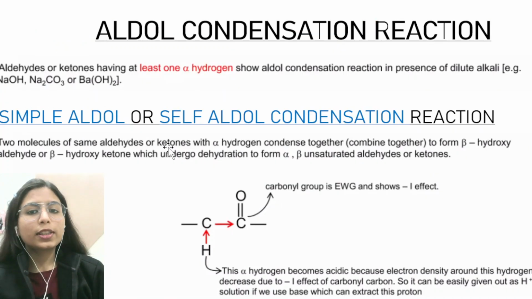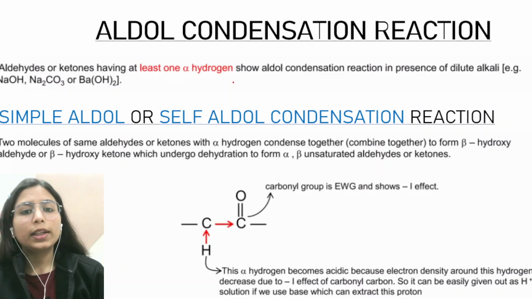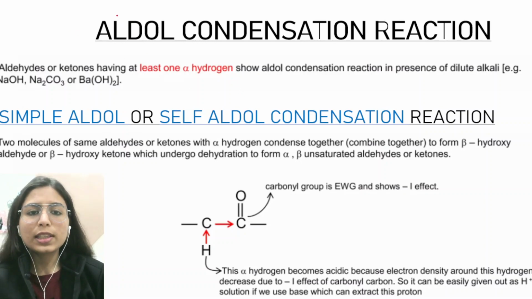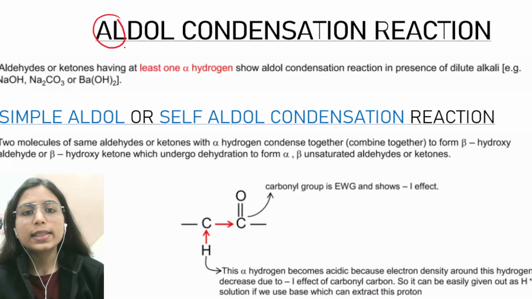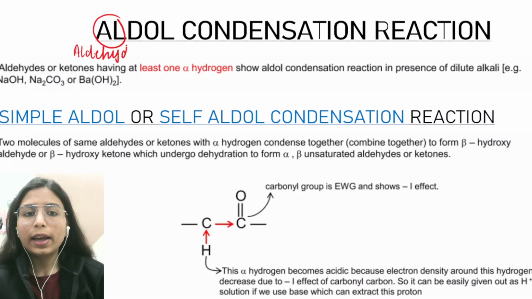The very first thing that we have over here is the prerequisite for the aldol condensation reaction. Firstly, aldol. If we break up this word, what do we mean by aldol? This "al" comes from the word aldehyde, and this "ol" comes from the alcohol part.